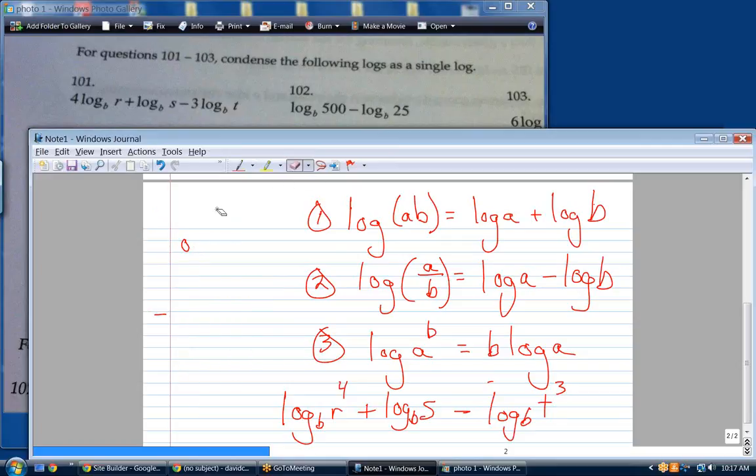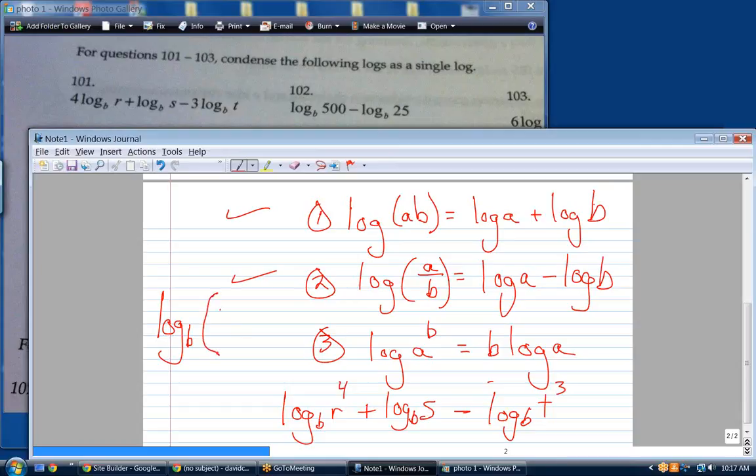See how we get those 3? Okay, we haven't fully condensed it yet because based on Rule 1 and Rule 2, I can do more. I can turn this whole expression into the log base b. Well, I'm adding r to the 4th plus s.